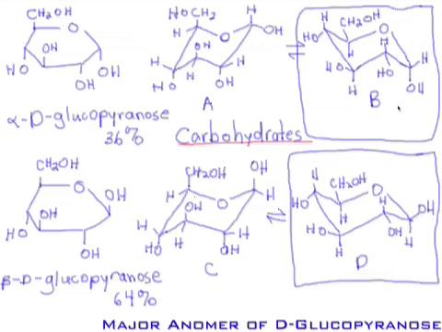Whereas in alpha D-Glucopyranose, one of the OHs was axial. This produced a little larger repulsion and hence caused structure B to be slightly minor, a little higher energy, a little harder to form.